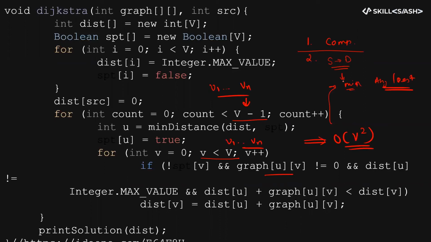What is the main cause of complexity over here? The main complexity which is creating is finding a minimum distance and iterating over all the graph, rather than all the nodes, rather than only the children. So now if I iterate over only the children, my complexity will be lesser.